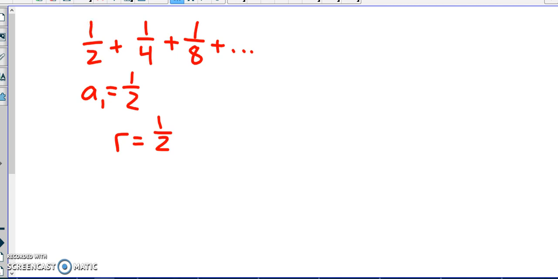So this infinite sum would be equal to A1, which is 1/2, divided by 1 minus R, which is 1/2. So 1/2 plus 1/4 plus 1/8 plus 1/16 plus 1/32, so on and so forth, actually comes out to be 1.